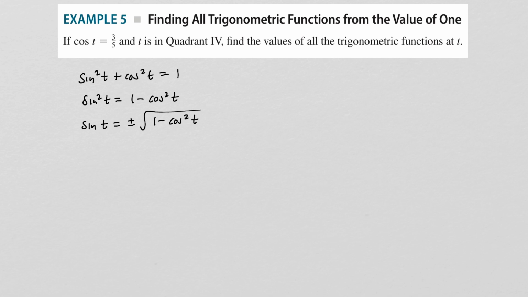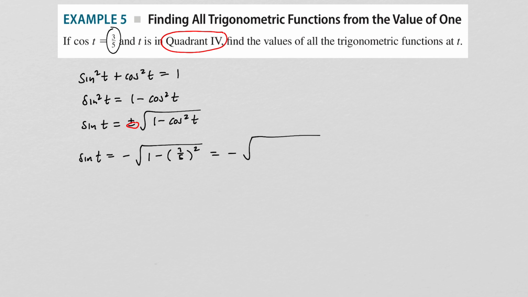Now, if I want to find the sine of t for this particular problem, first of all, we have to remember that if we're in quadrant 4, sine is going to be negative. But then it's just the square root of 1 minus the value of cosine quantity squared. And they tell us the value of cosine is 3/5. So this becomes negative square root of 1 minus 9 over 25, and that is negative square root of 16 over 25, which turns into negative 4/5.